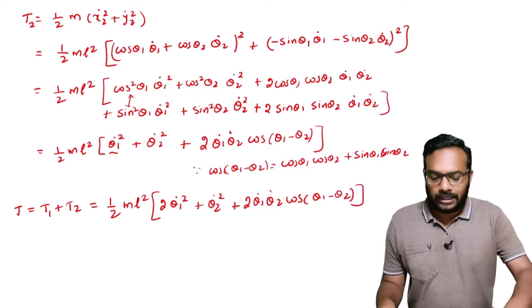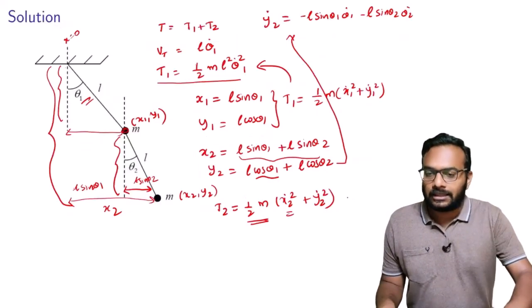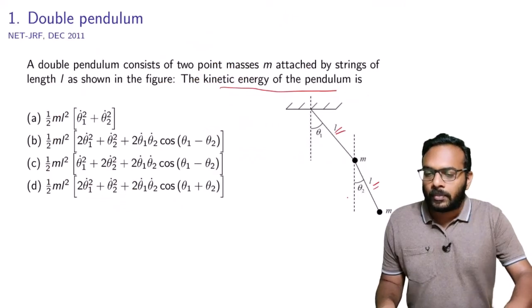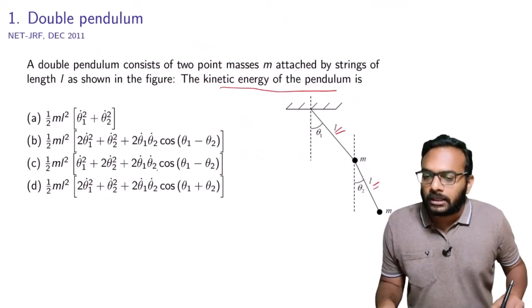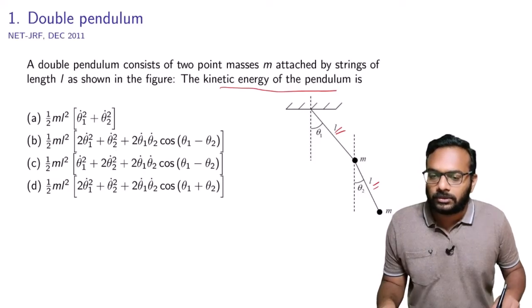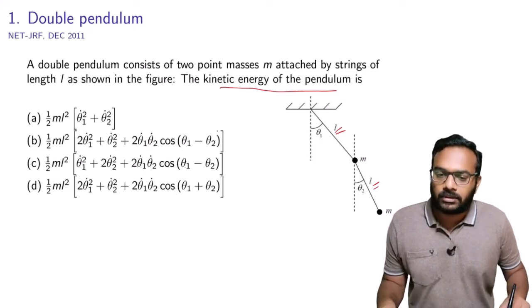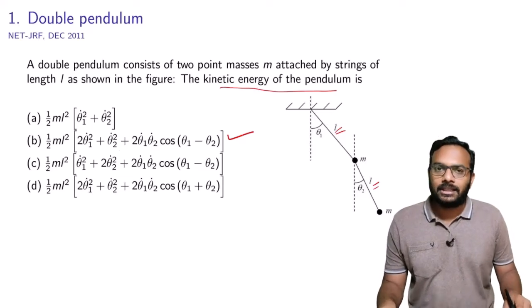Okay, that's the answer for the total kinetic energy. I think we have it in our options: 2 theta 1 dot square plus theta 2 dot square plus 2 theta 1 dot theta 2 dot cos of theta 1 minus theta 2. So option B is the correct answer.